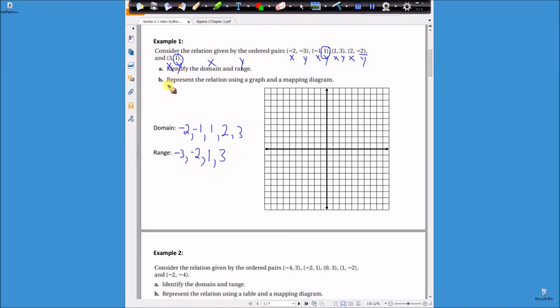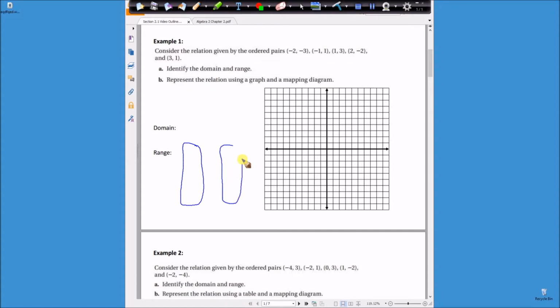And then the second part asks us to represent a relation using a graph and a mapping diagram. So here's the graph. Obviously we'll do that in a mapping diagram. So let me go ahead and clear that, and I'll make the mapping diagram over here as well. A mapping diagram usually looks something like this, with input and output, and based on your domain and range you can just fill this in.